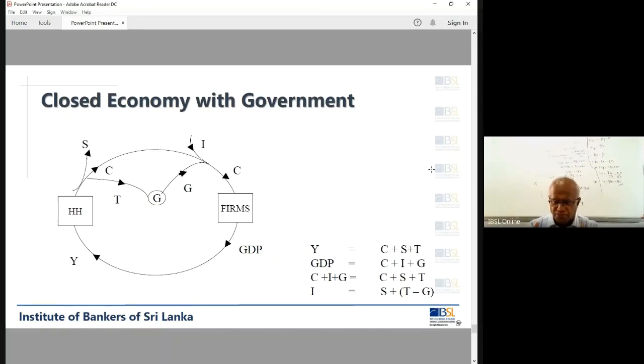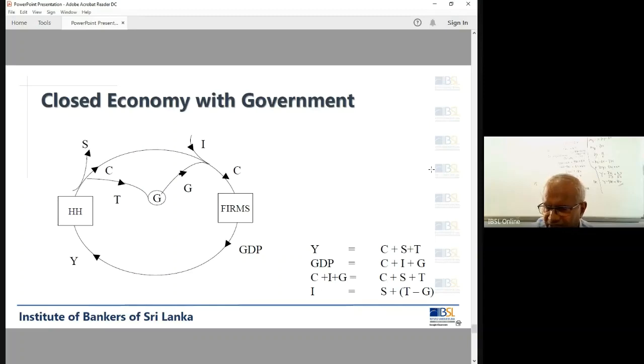C plus I plus G equals C plus S plus T. C cancels out. I equals, taking G to the other side, S, household savings, plus T minus G. Very important identity.